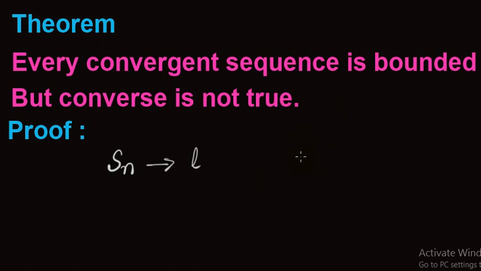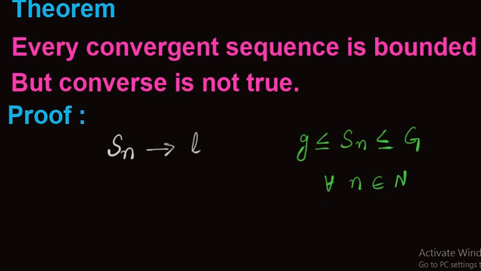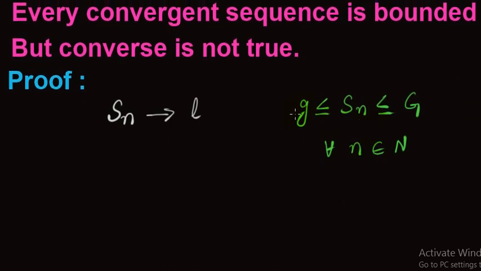For a bounded sequence, we need to prove that there exists a lower and upper bound of Sn for all natural numbers n belonging to N. Small g is a lower bound for the sequence Sn and capital G is an upper bound for the sequence. We need to prove this relation.